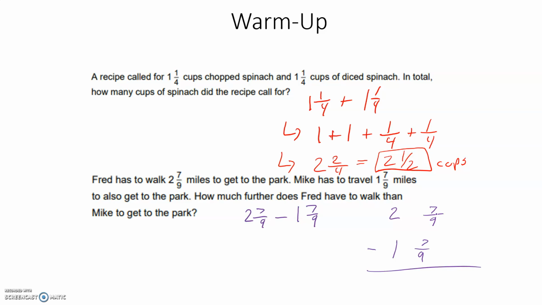And that's going to get me, these are going to subtract, 7/9 minus 7/9 is going to be 0. And 2 minus 1 is going to be 1. And so be careful, that's not 10. That's actually 1. So the answer is 1. So the answer would be actually Fred walks 1 mile more.